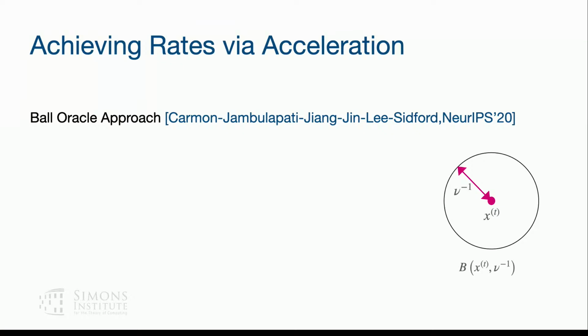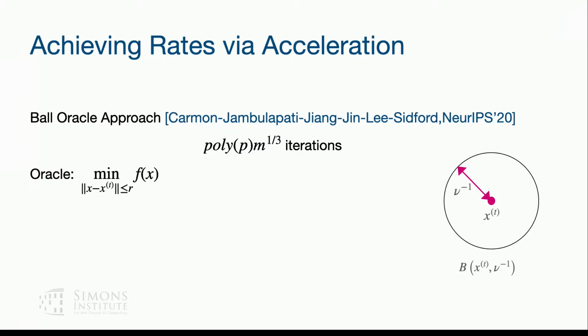And in 2020, there was a work that uses this ball oracle approach that gives these m to the 1/3 kind of rates for all these quasi self-concordant functions, including LP regression.